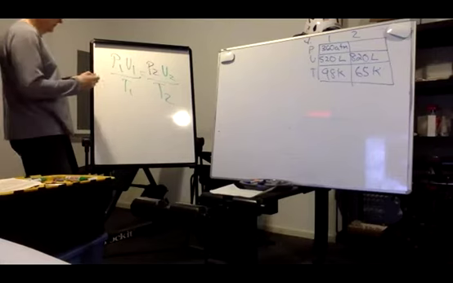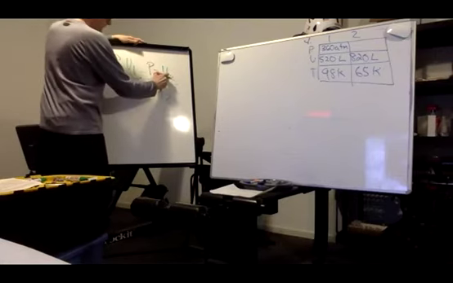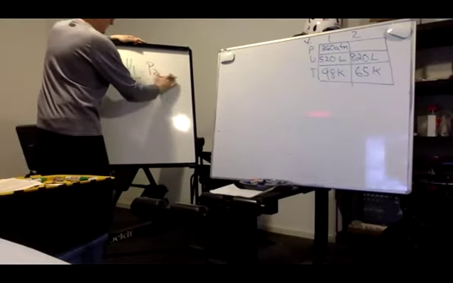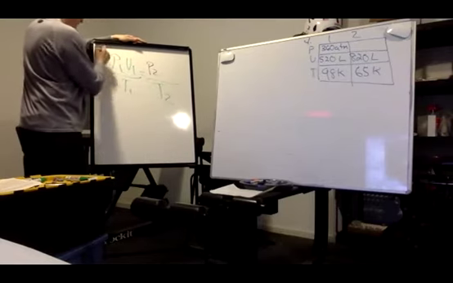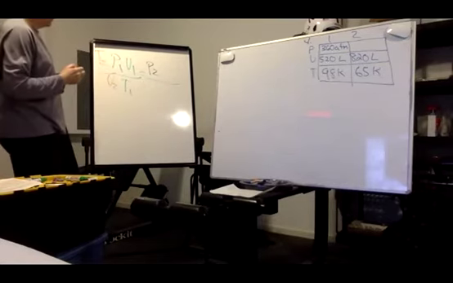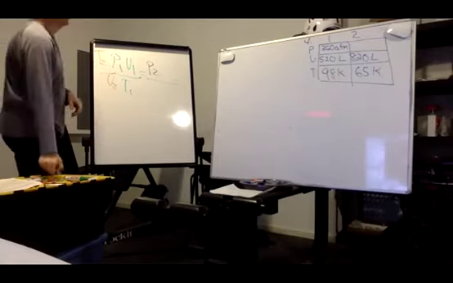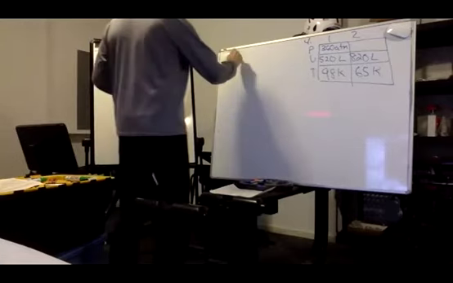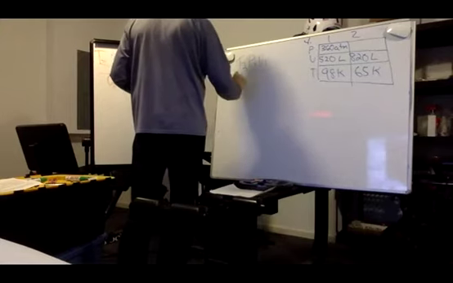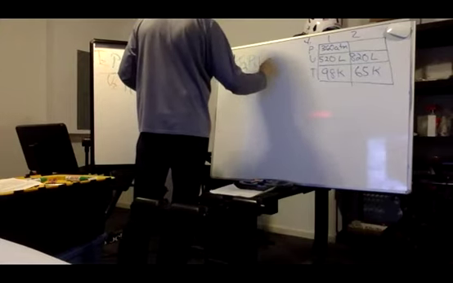So, if V2 is upstairs, it goes downstairs. And if T2 is downstairs, it goes upstairs. And there you have the functional equation. So the equation for this one, T2 P1 V1 over V2 T1 equals P2.